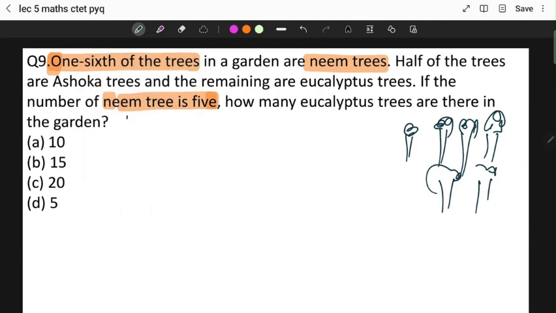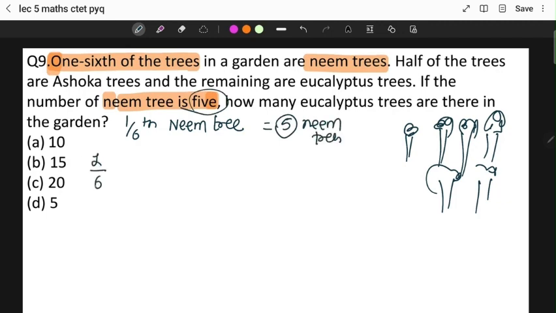Look now, 1/6 is the neem tree, as well as there are a total of 5 neem trees they have given here. So what I can do? What does 1/6 mean? I'll write here 1/6.